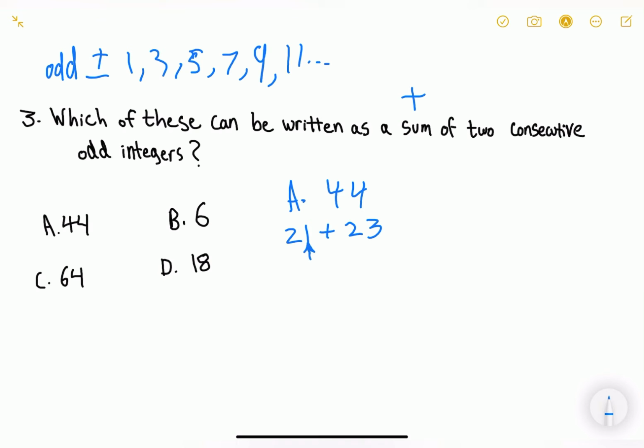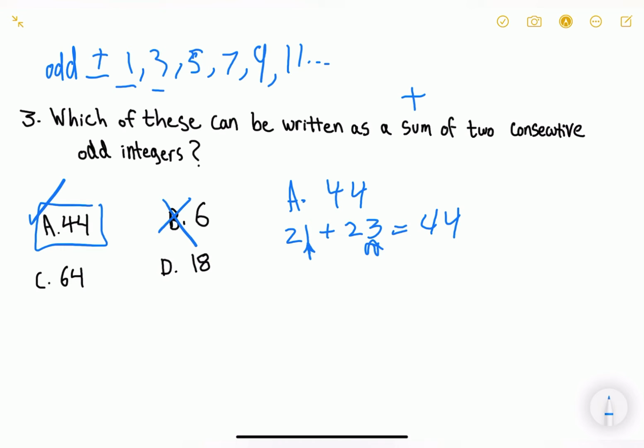Because you can see the unit digit is 1 and 3, and 1 and 3 are odd integers, meaning this is the correct answer. But just to show you, we're going to keep going. We know 1 and 3 is going to equal 4. We know that 3 and 5 is going to equal 8. So nothing in between is going to equal 6. Meaning 6 is not a result of two consecutive odd integers, but rather even.